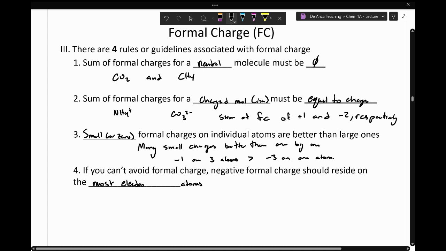You can also justify it by thinking about how good their electron affinity is. So you're going to put negative charge on nitrogen and oxygen before you put it on something like carbon. And so these are where we're going to largely find negative charges. Okay?